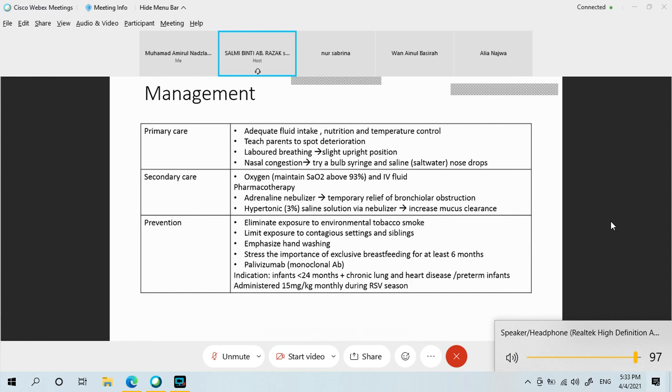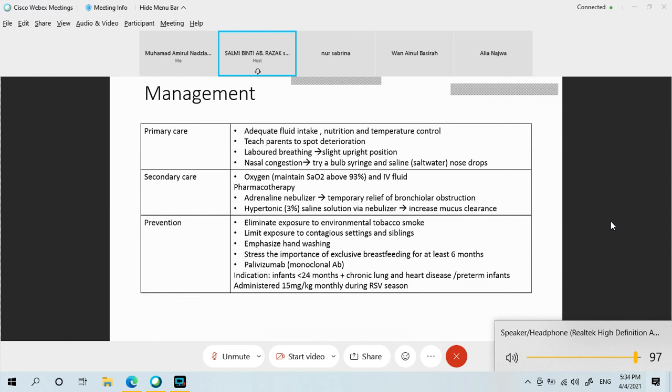Dilution is for smaller patient, maknanya less than 1 year, kita akan bagi 0.5 dengan 2.5, okay? So untuk bigger child, dilution akan 1:3, 1 salbutamol, 3 normal saline.